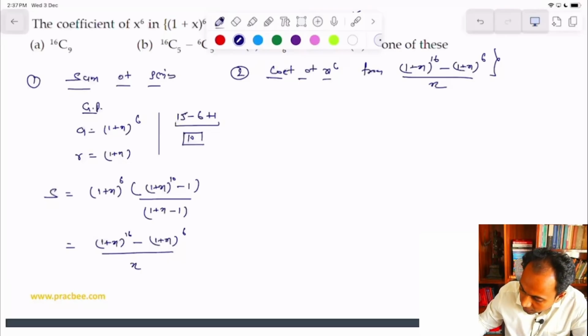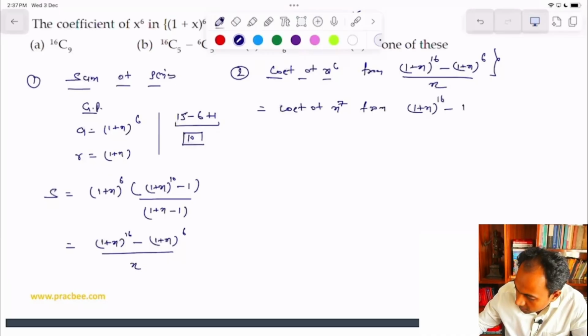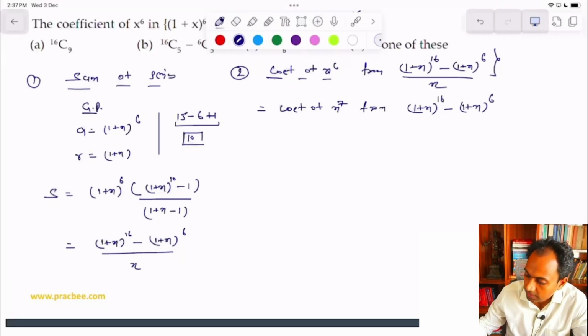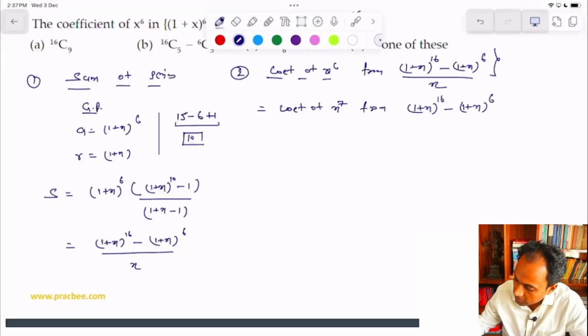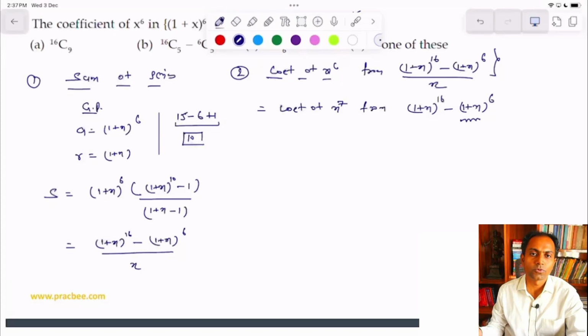So this would be equivalent to getting the coefficient of x raised to the power 7 from the numerator, that is (1 plus x)^16 minus (1 plus x)^6. Now from the second term there would be no contribution because the highest power can be up till 6 only.